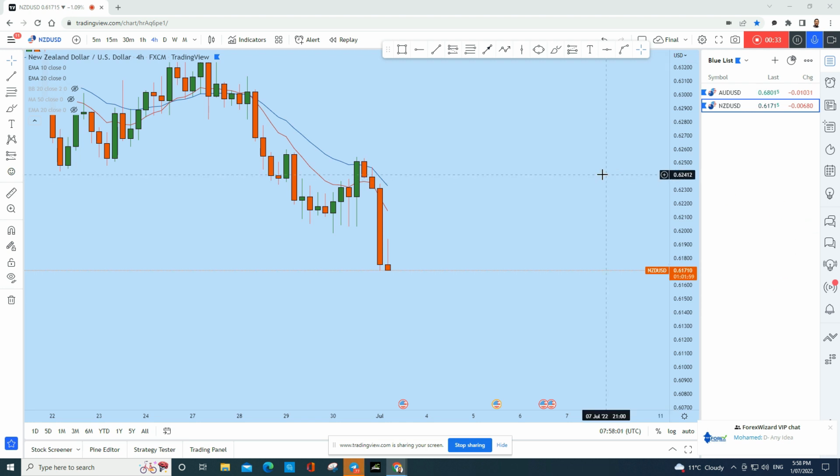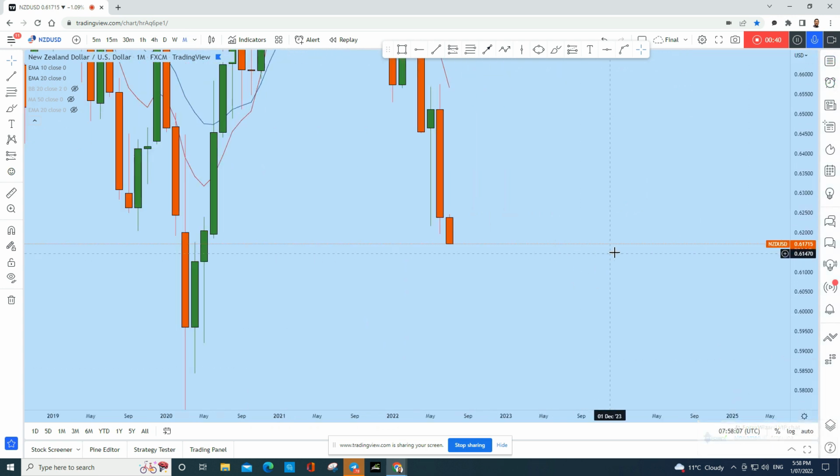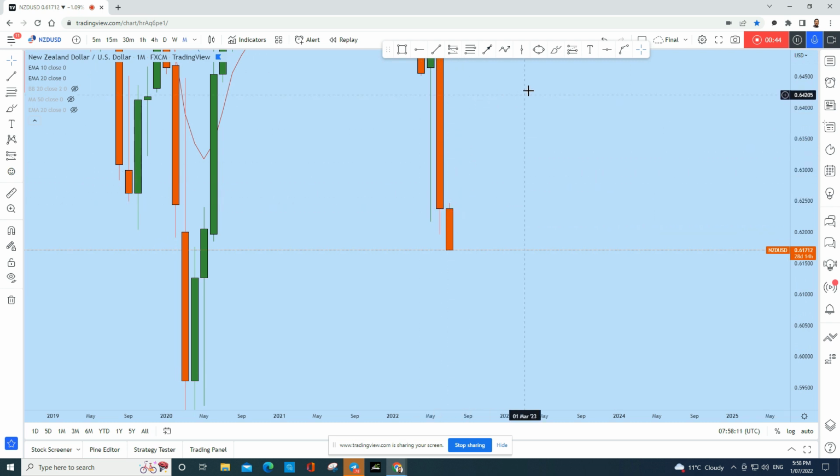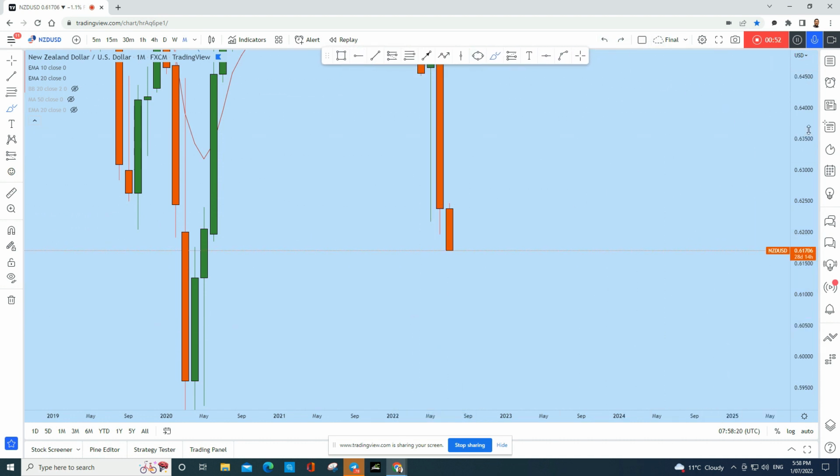Now, starting with NZDUSD, if you look at the bigger picture first, as you know, today there was a monthly close. That is really significant. As soon as the monthly candle closed, we have seen that NZDUSD started to drop. As you know, this is an overall bearish market.